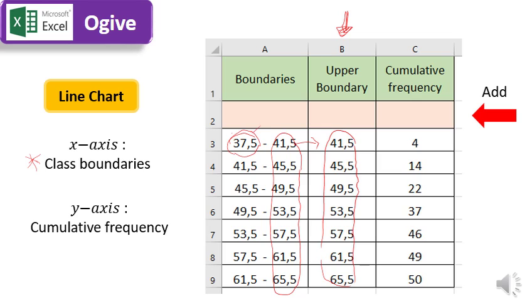So we know that this class's lower boundary and the previous one's upper boundary would be the same. There we go. 37.5 would be the upper boundary of that class. The lower boundary would be 33.5. So we then copy across, that's 37.5.